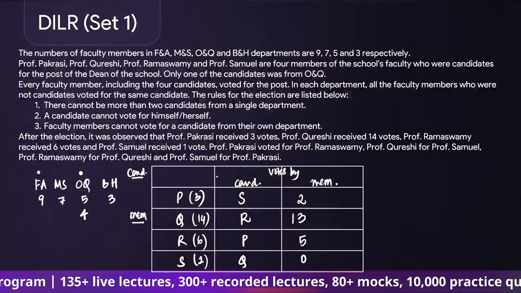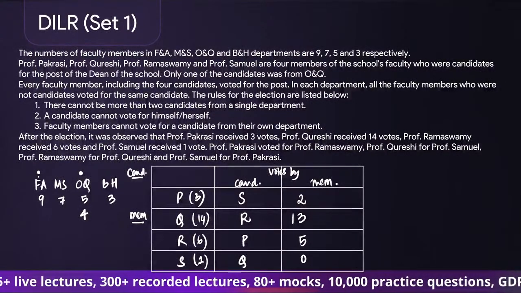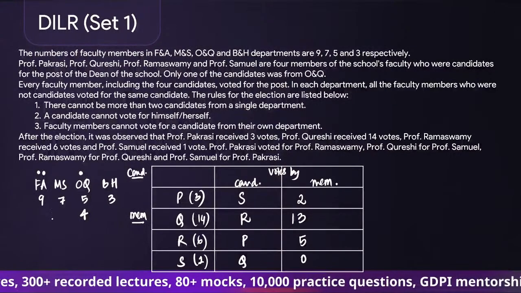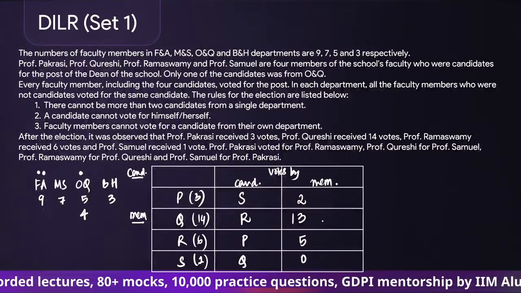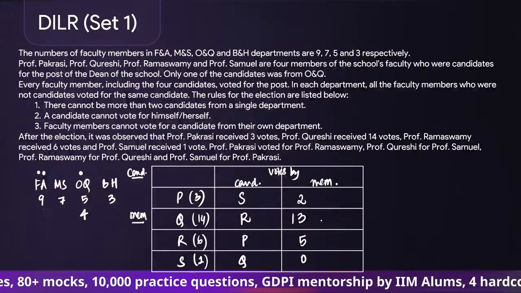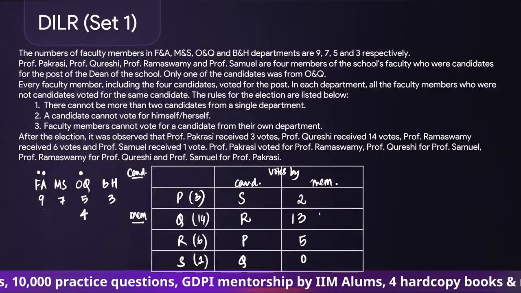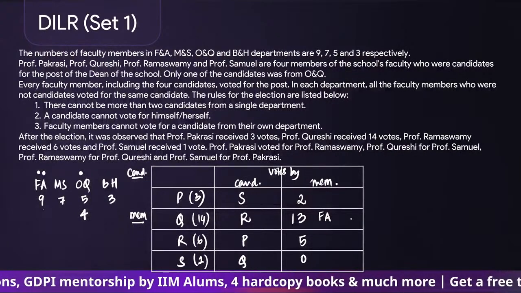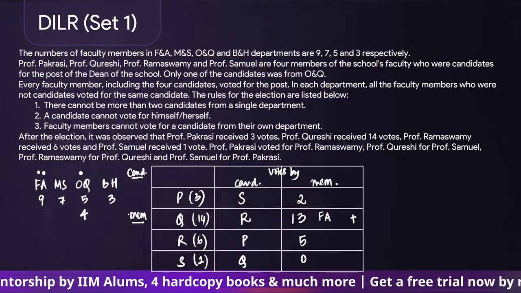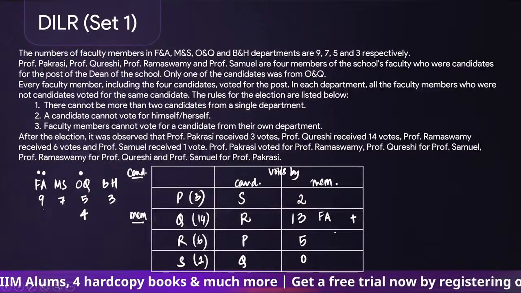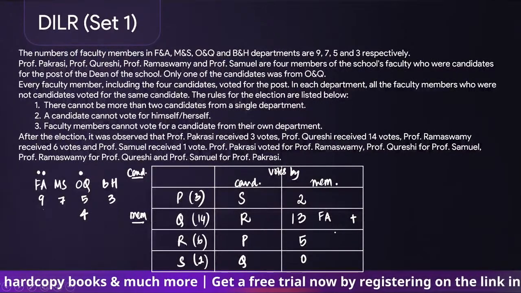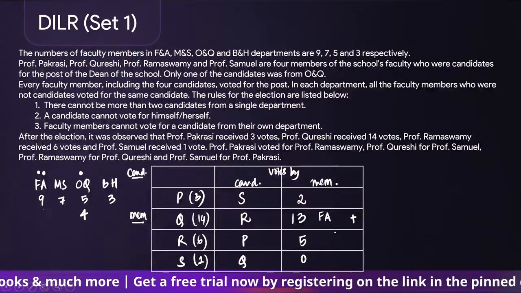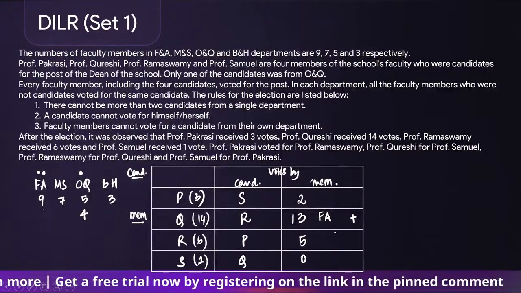Similarly, if there are 2 candidates, तो 7 के 7 Q को जाएंगे. So no matter what happens, इस 13 में से we will have FA votes. And how many votes? That we don't know. Now FA, whether there are 7 votes, 8 votes or 9 votes, ये सारे के सारे अगर Q को जाएंगे, they will not add up to give us 13.